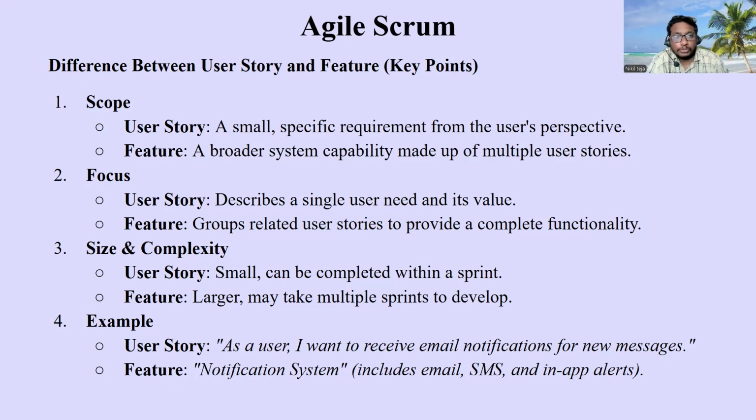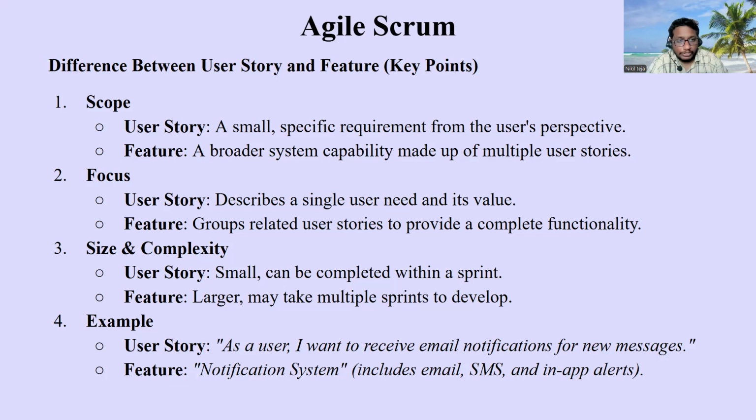In terms of scope, a user story is a small specific requirement from the user's perspective, whereas a feature is a broader system capability made up of multiple user stories. As I said, a combination of user stories is one feature. In terms of focus, a user story describes a single user need and its value. It is written from the perspective of one single user, but there will be many users.